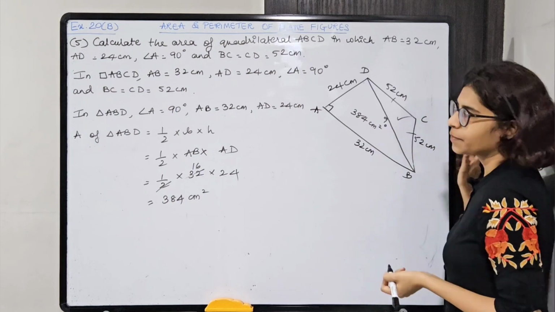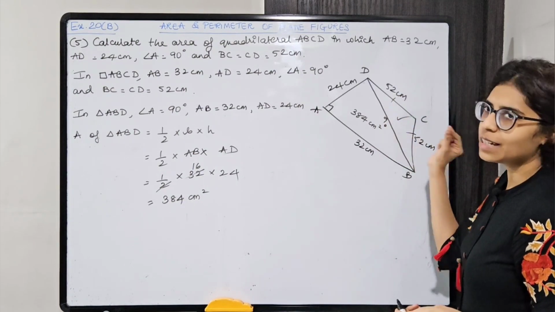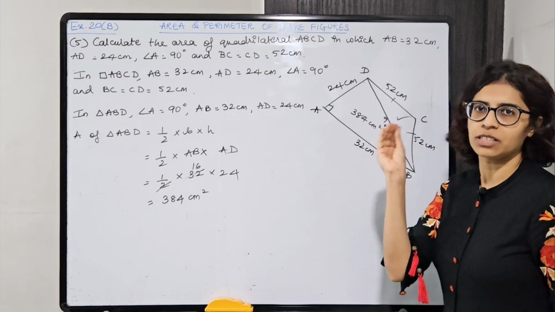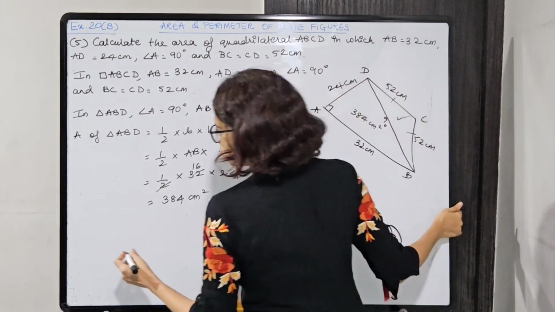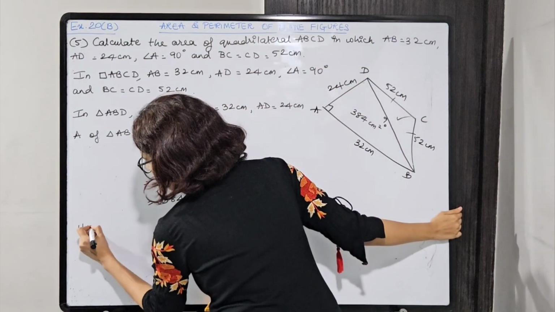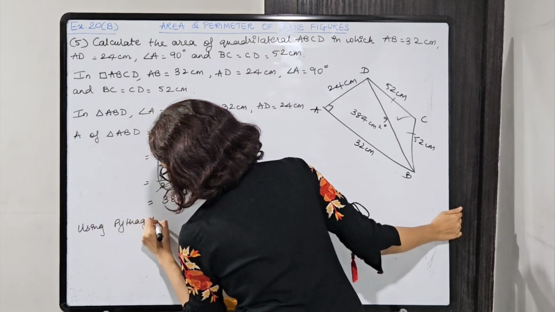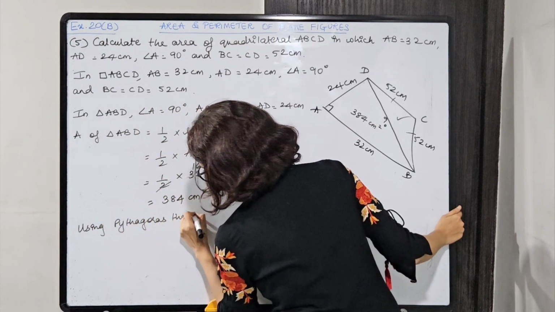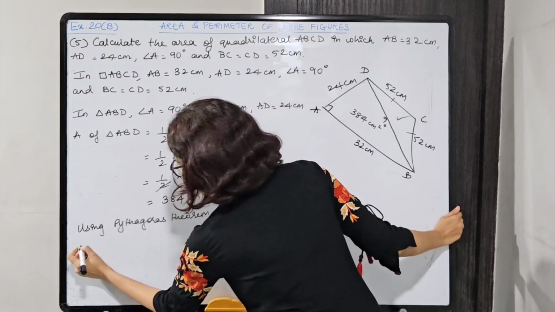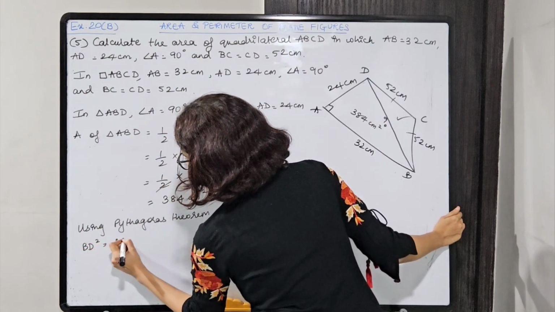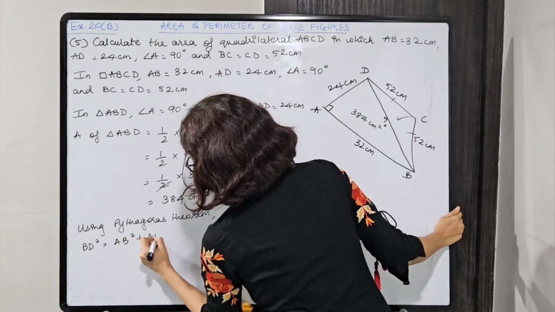ये मिल गया. अब ये फाइंड आउट करना है, उसके लिए BD रिक्वायर्ड है. सो BD फाइंड आउट करेंगे यूजिंग पाइथागोरस थ्योरम. I know BD square is equal to AB square plus AD square.